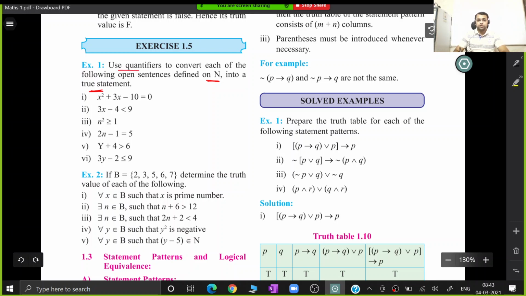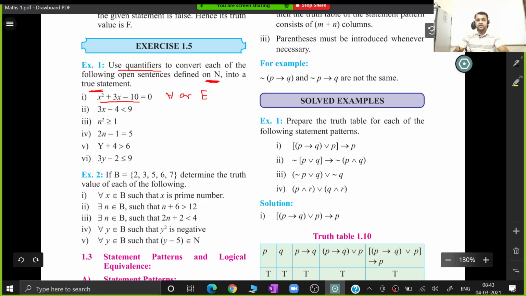And we have to use the quantifiers. So either we have to use the for all quantifier, or we have to use the existential, that is the there exists quantifier, to make this statement a true statement. Now we are saying that it is defined on the set of natural numbers.